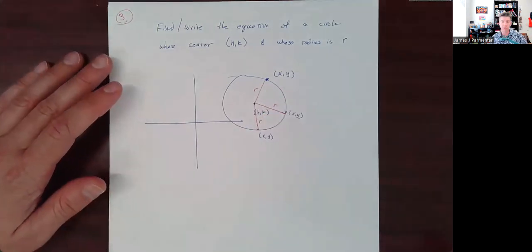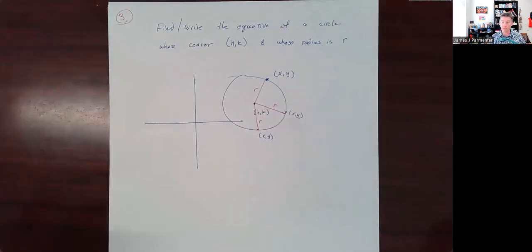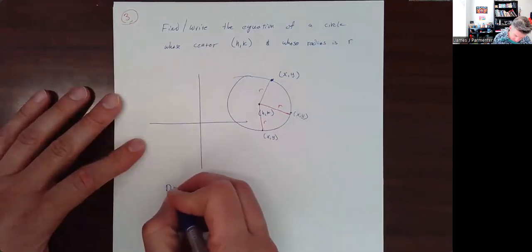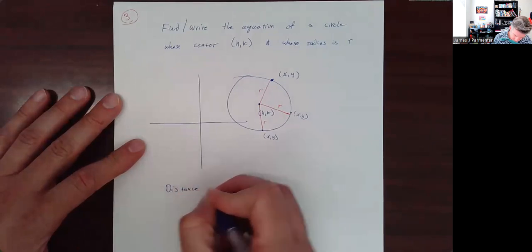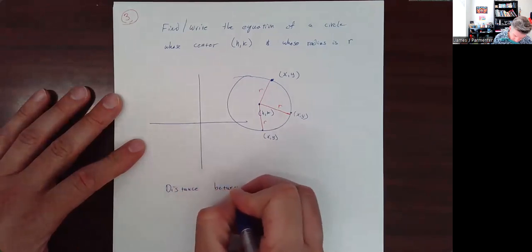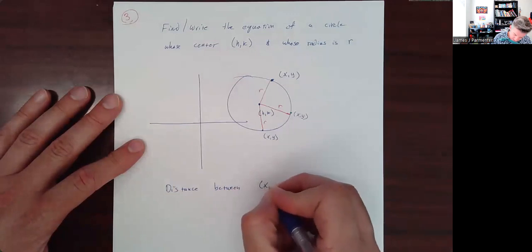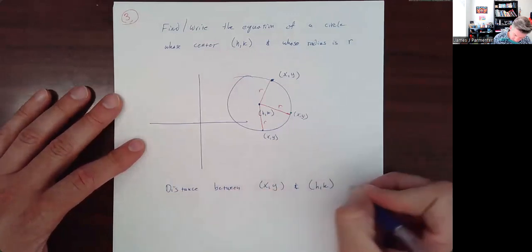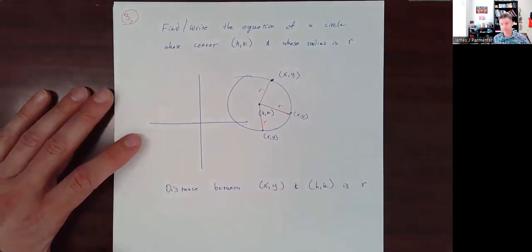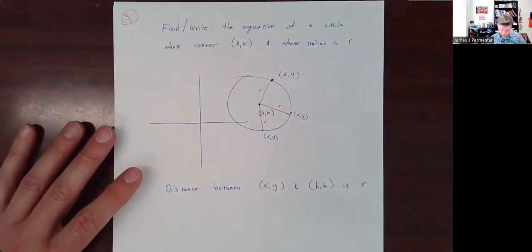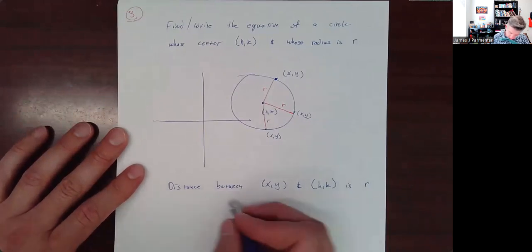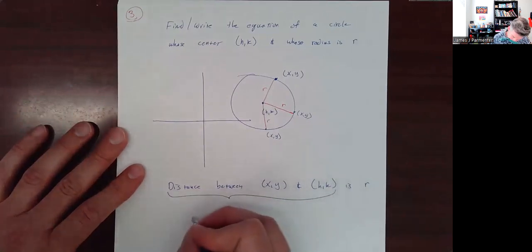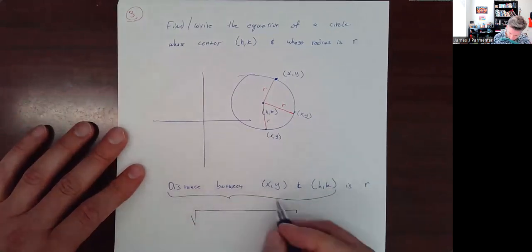And so now we use that knowledge to write the equation of the circle, because we're just going to use the distance formula again. We know that the distance between any of the points on the circle, x comma y, and the center, h comma k, is r. Or in other words, if we use the distance formula, that's going to be the square root of the difference in the x's.